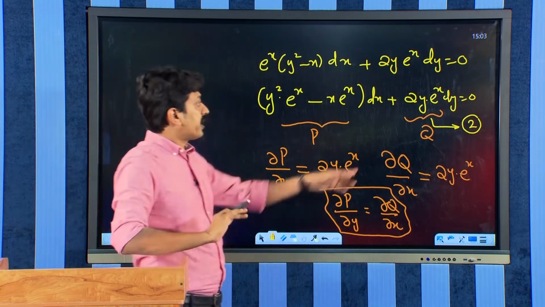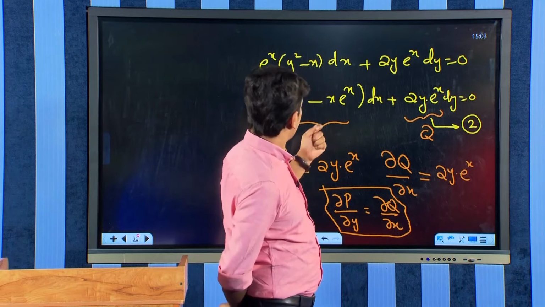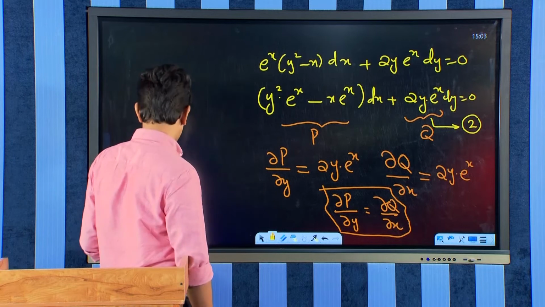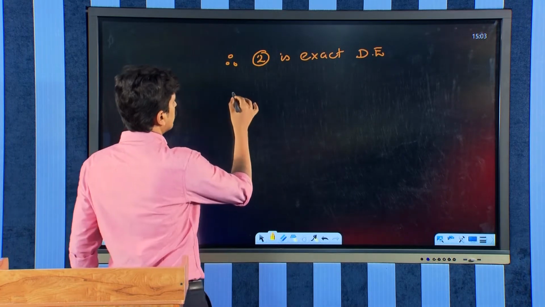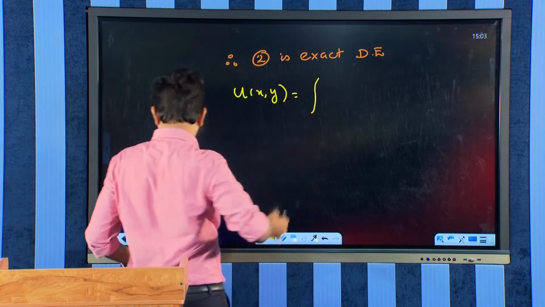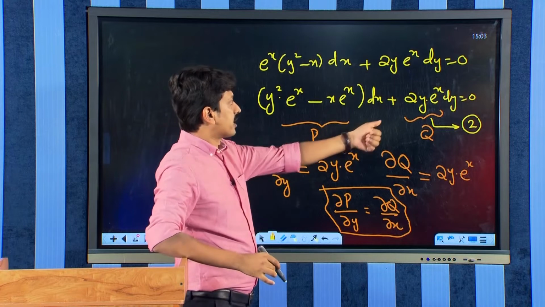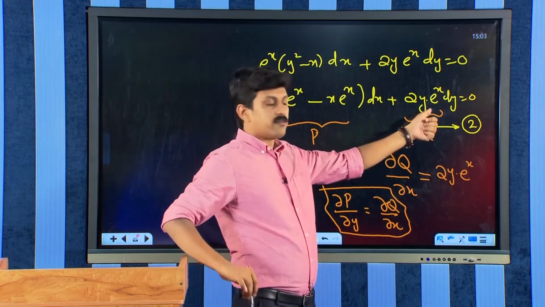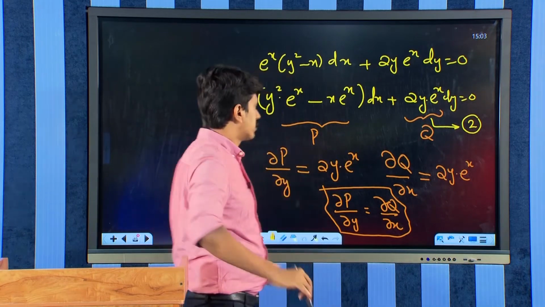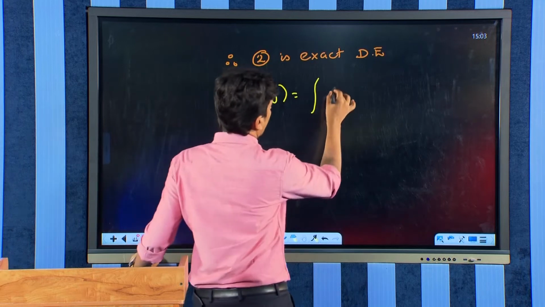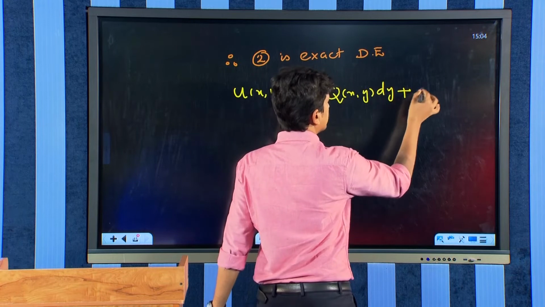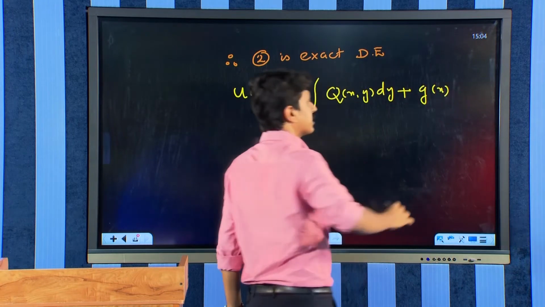So instead of M, here we have P, and instead of N, here we have Q. I would like to start with u of x y, which is equal to the integral of N of x y dy, that is Q of x y dy, plus, since we integrate with respect to y, the constant of integration g of x.